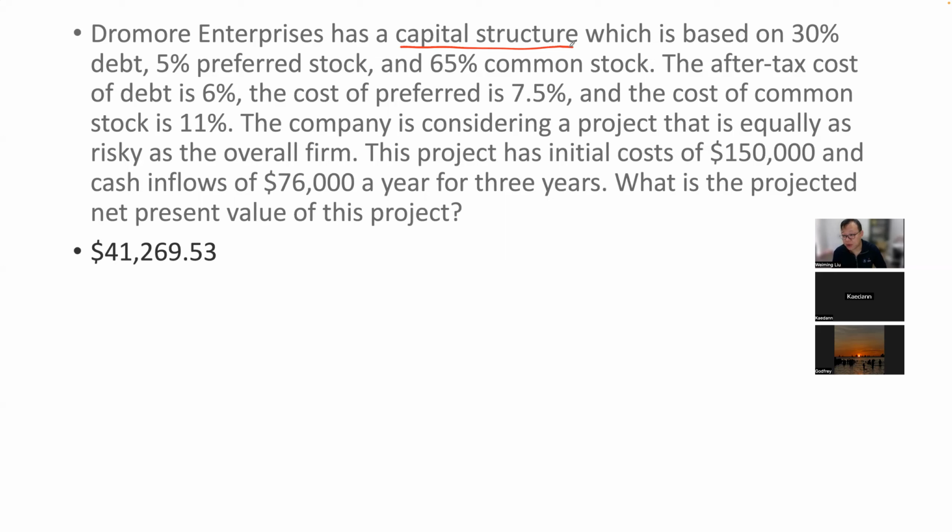To run a corporation, you need to have assets, right? So who paid for it? Either it can be paid by the creditors. You borrow money from the creditors; those are the debt, or you take the money out of your own pocket. So those will be the equity, right? So you have here 30% debt, 5% preferred stock, and 65% common stock.